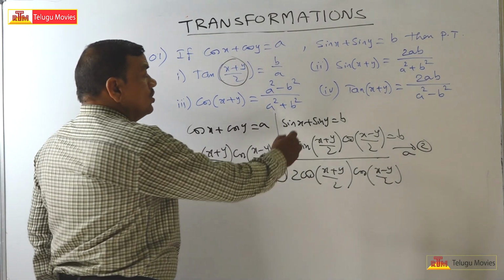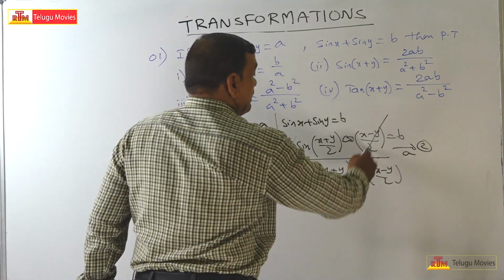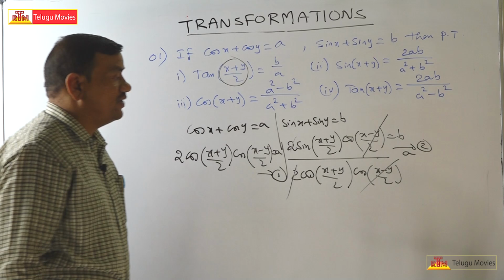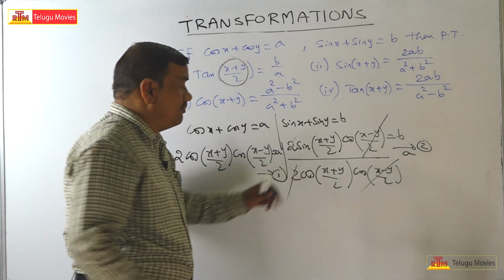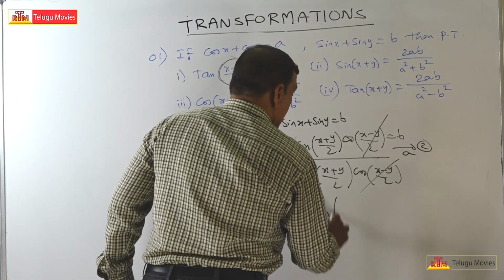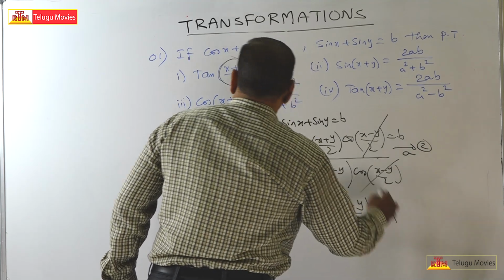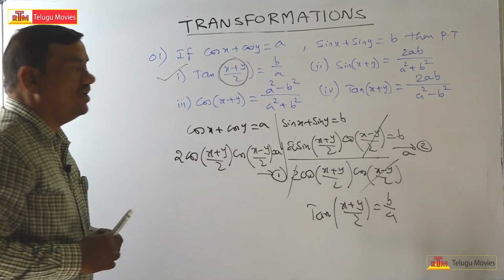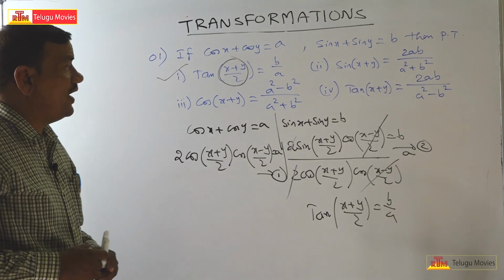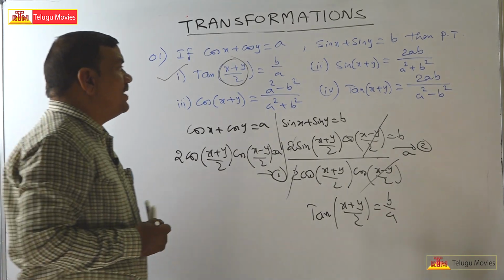Clearly see here, 2 will cancel, cos of (x minus y) by 2 will cancel, and sin by cos is nothing but tan of (x plus y) by 2, equal to B by A. That is the proof of the first problem. Okay, now happy? But what about this?